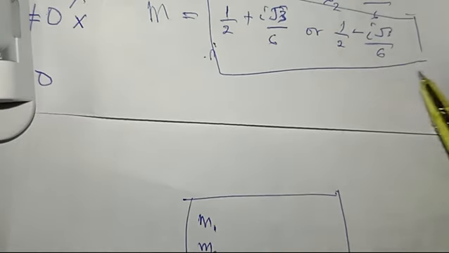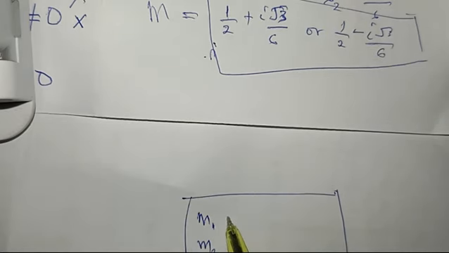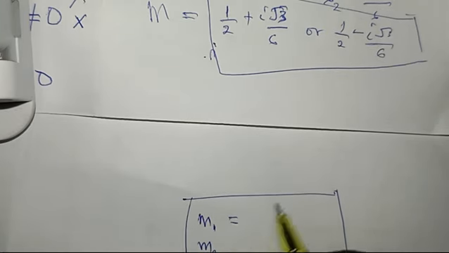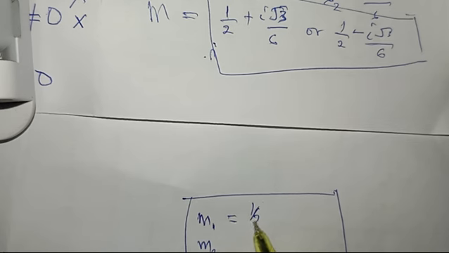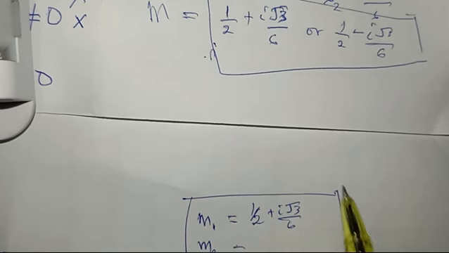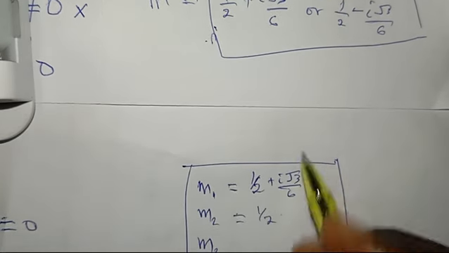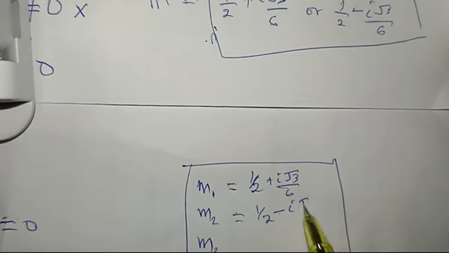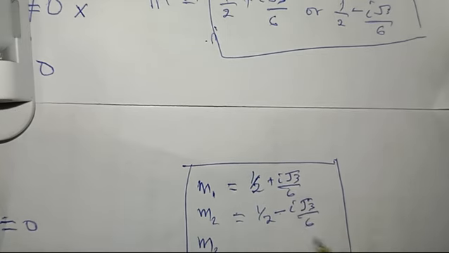These are the first two values of m, and of course let me just put it right here. So m1 is 1 over 2 plus i root 3 divided by 6, and then m2 will be 1 over 2 minus i root 3 divided by 6 also.